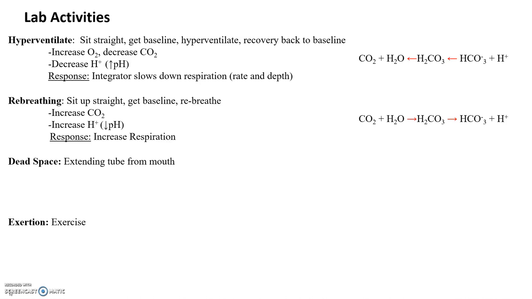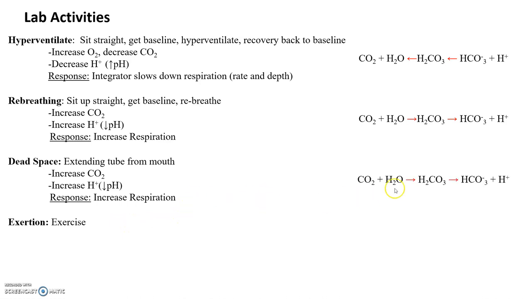So in that space, stale air can sit. Well, we're going to extend that space. And this should have a similar effect as rebreathing, where we should see an increase in carbon dioxide, which should increase hydrogen ions, decreasing pH, making it more acidic. And we should see the response of, again, increased respiration. And we should see a similar outcome from our equation.